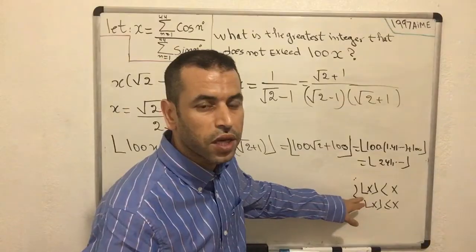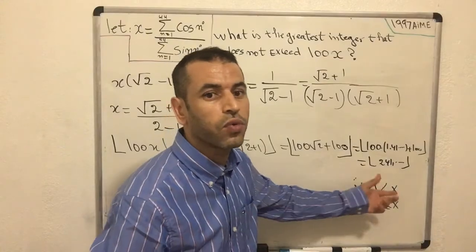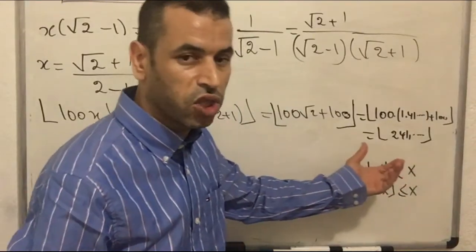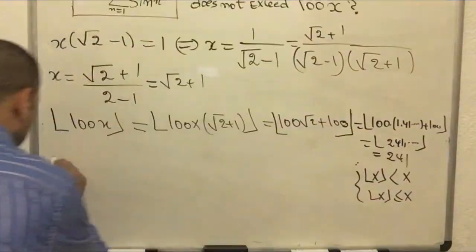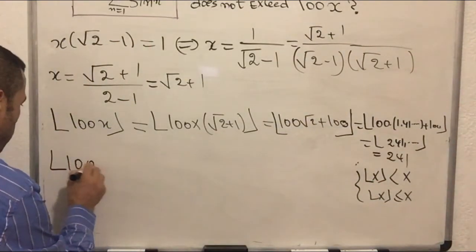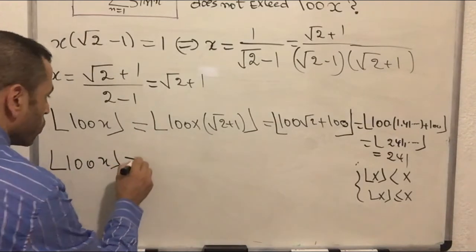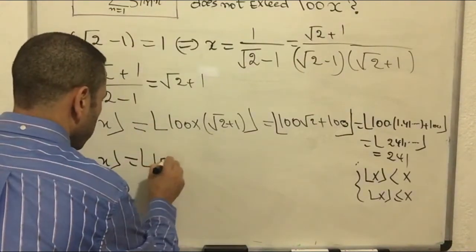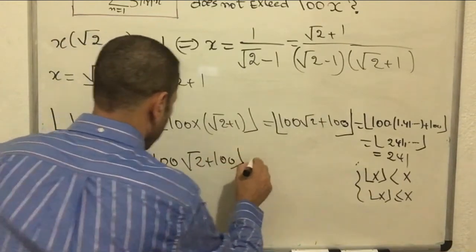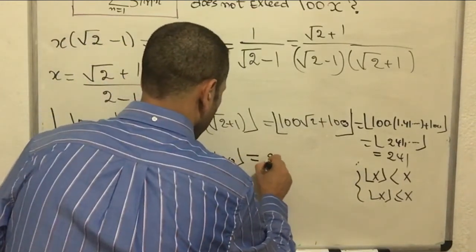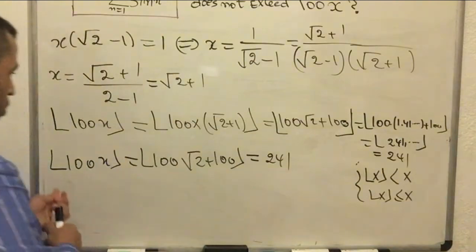For example, the floor of 5.1 equals 5; we are extracting just the integer part of this value. So the floor of 100x, which is 100√2 + 100, equals 241.